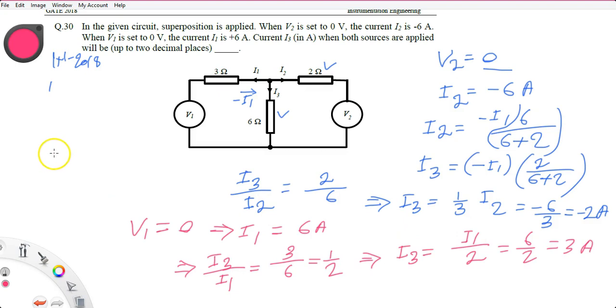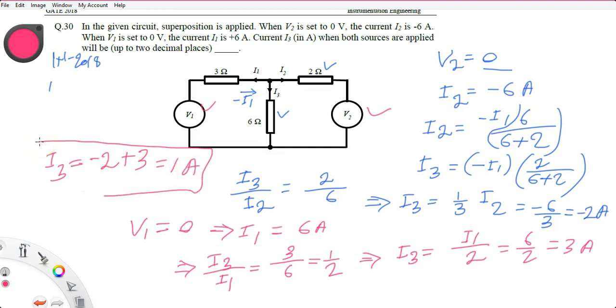So total current I3, when both the sources V1 and V2 are operating, you have to add the individual currents algebraically. So minus 2 plus 3, which is 1 ampere. So this is your required answer.